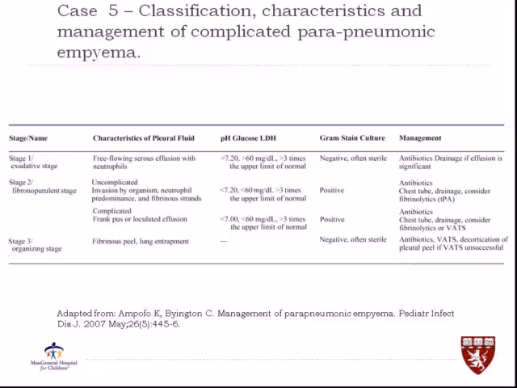Now, the management in the past, we used to put a pigtail in the exudative stage and not worry about it. And then as we move on to more organized stages, most people would do VATS. Where I did fellowship, everyone used to get a VATS procedure.